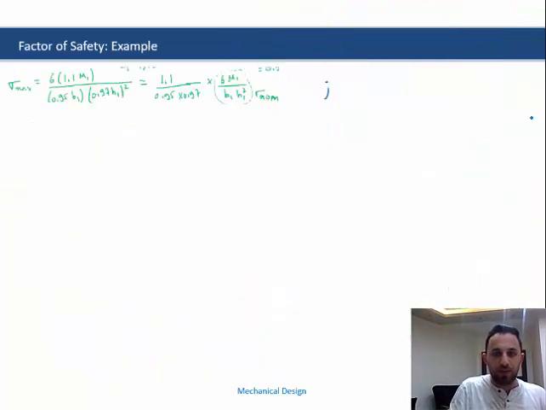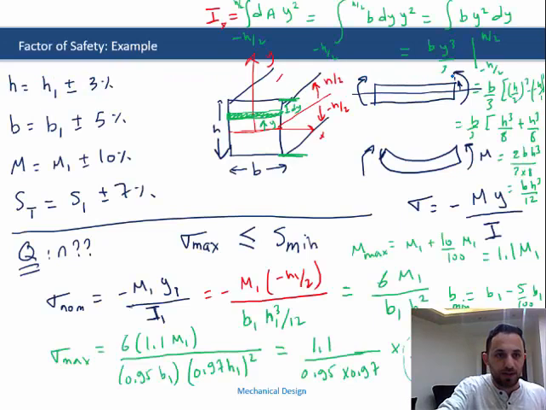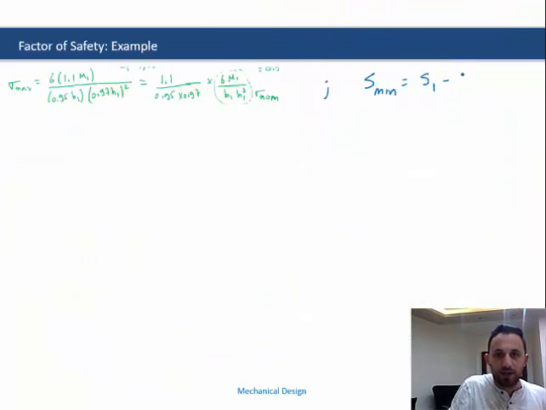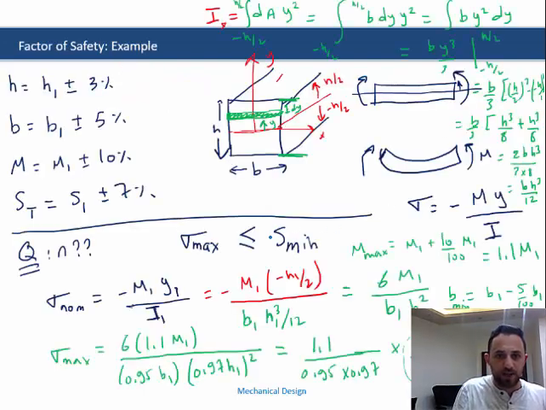So the strength minimum is equal to S1 minus 7% of S1, which is equal to 0.93 as nominal. Again, let's return to the condition to be on the safe side.